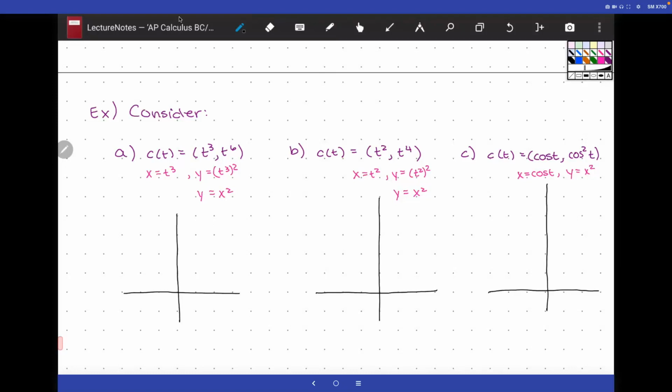T squared, x is greater than or equal to zero. Yeah. Once we square it, it's going to make it positive. It won't be negative. So x will not be a negative number, and look at that, y will also never be a negative number. So it's only going to be the part of the parabola in quadrant 1 where x and y are positive.